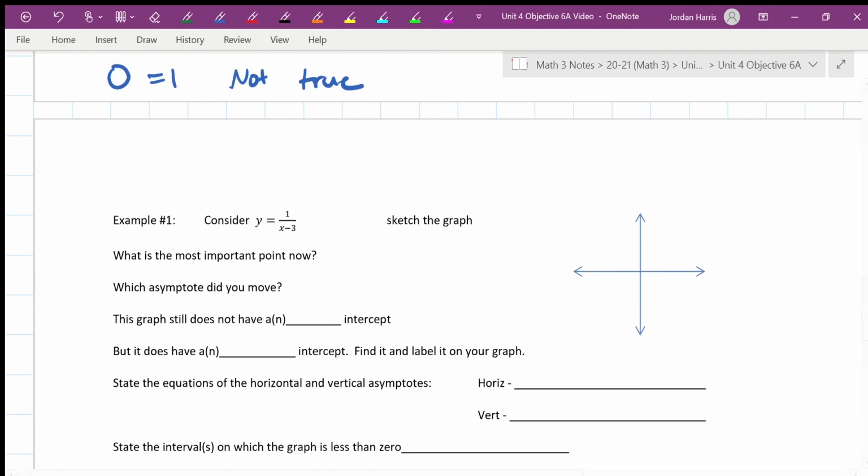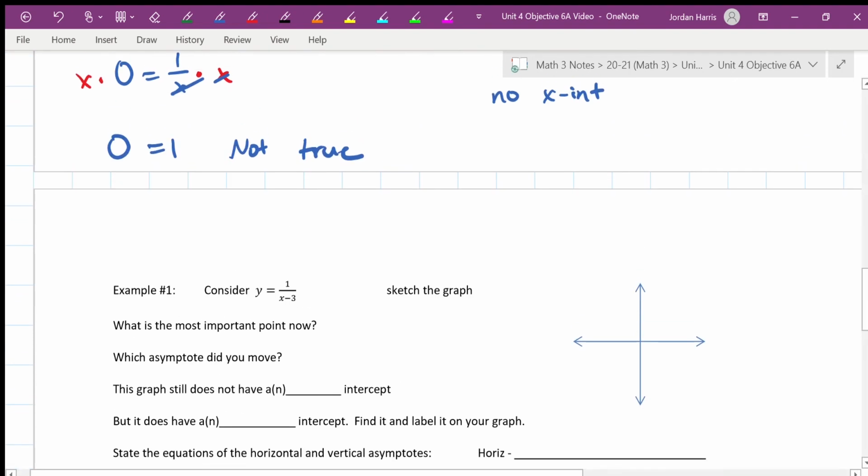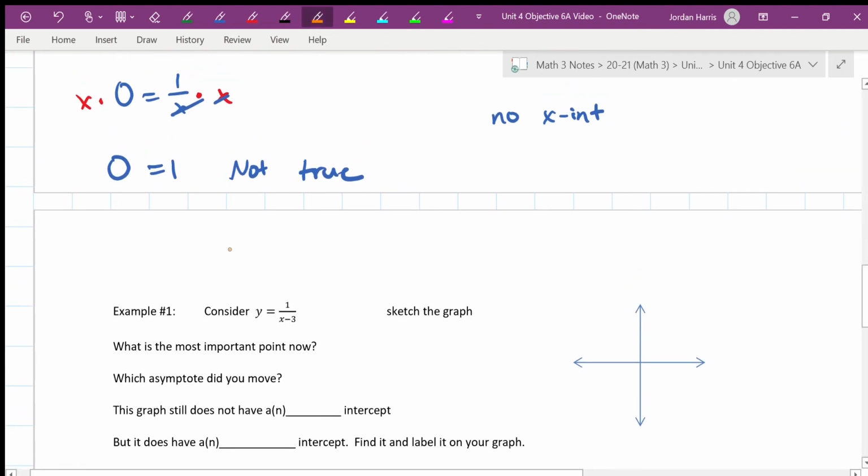All right, so we have our general form equation, which I'll write at the top. Y equals A over X minus H plus K, where H is your left-right shift, which should sound very familiar, and your K is your up-down shift.